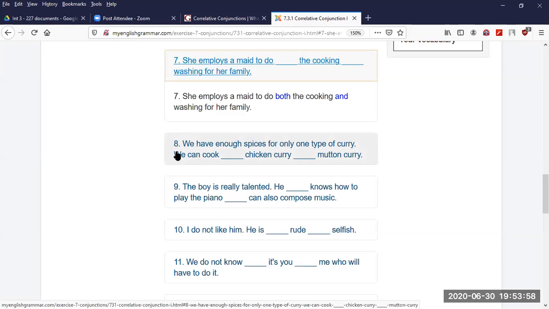So we could say, I would rather cook chicken curry than mutton curry to express a preference. But in this case, we can cook either chicken curry or mutton curry. So we can cook this or cook this. We have the choice of both, the choice of either.